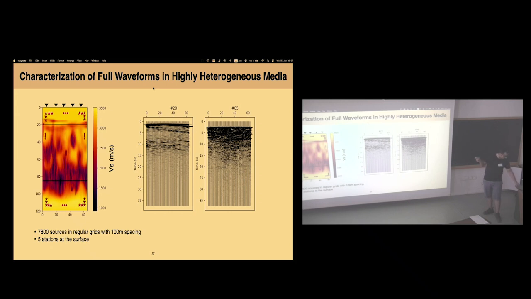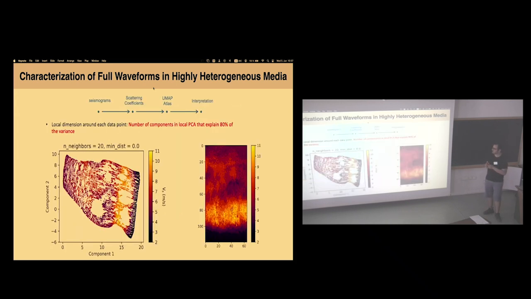We want to see if, based only on the scattering coefficients extracted from this seismogram, we can capture this low velocity zone in the media. For this, we use UMAP. Here you can see the first component and the second component. The colors show the velocity in the medium.